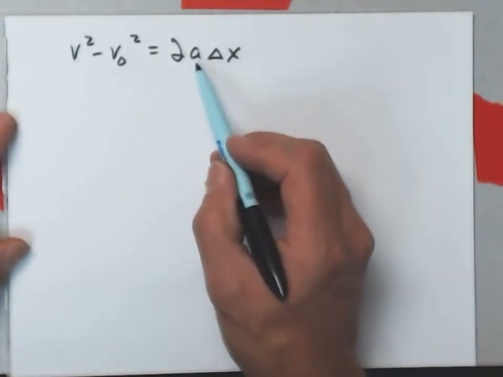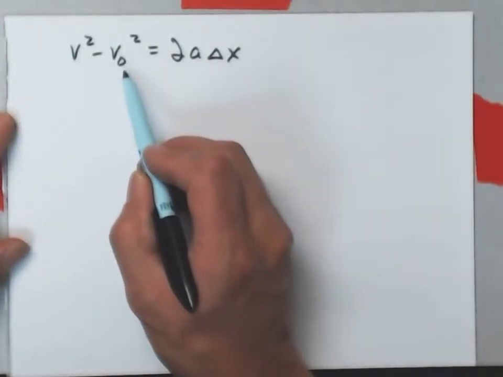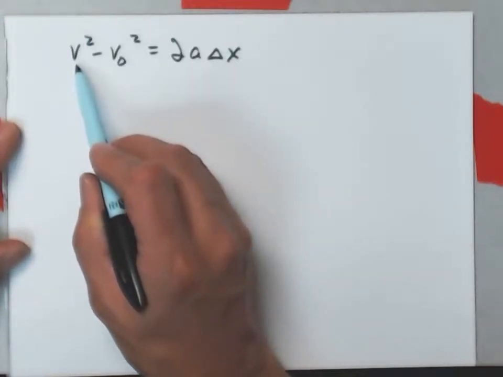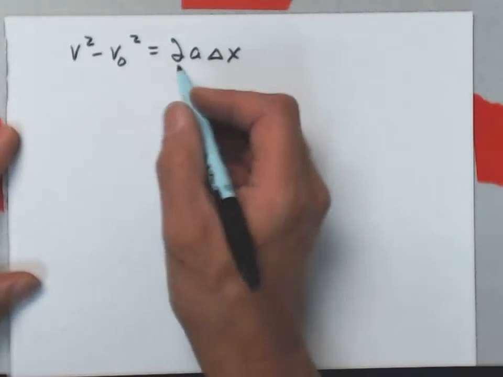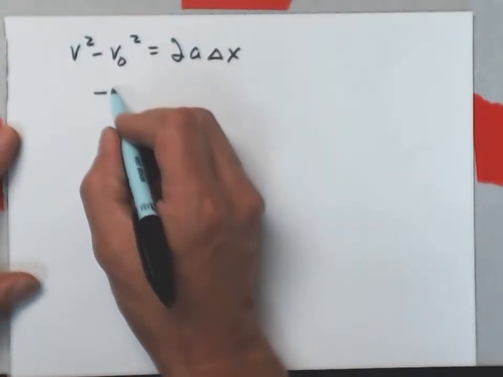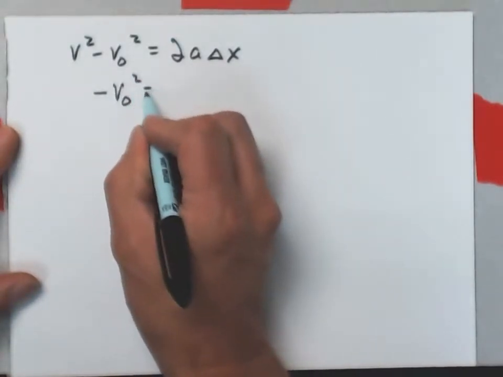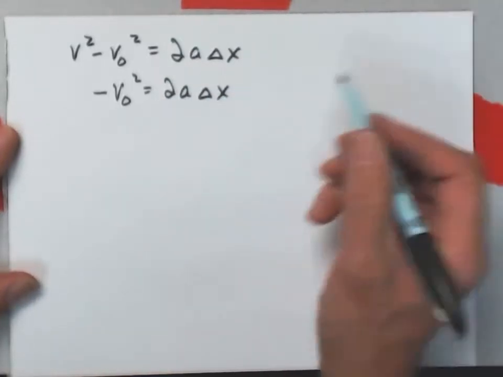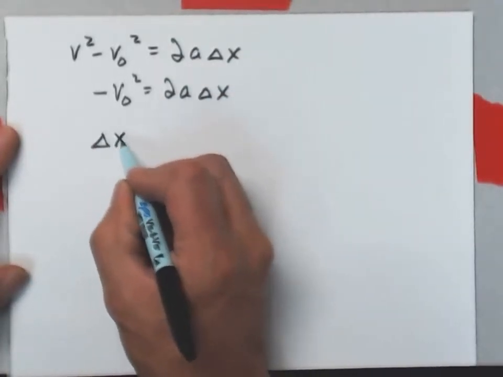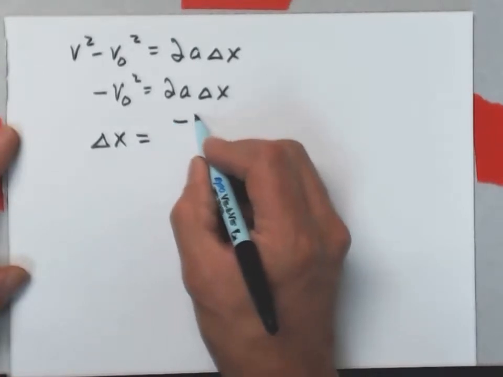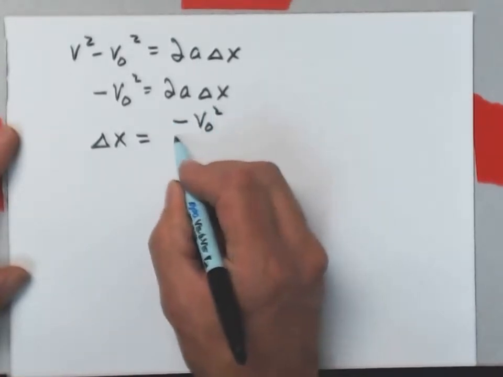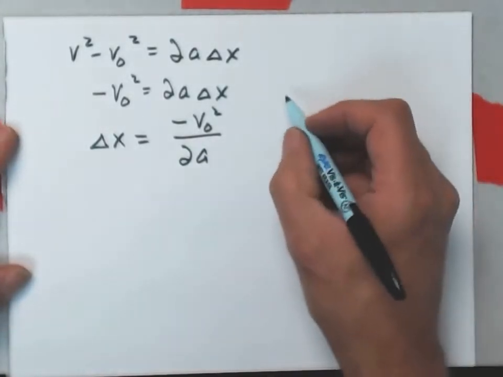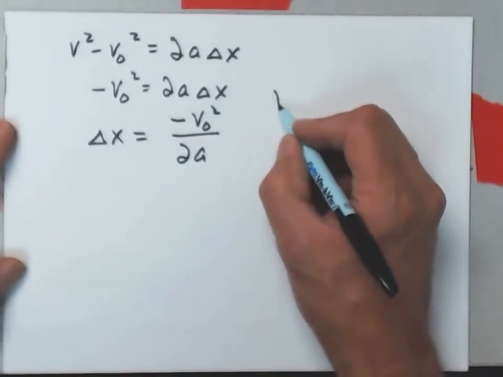I know the acceleration, I know v naught, and I know that when it comes to rest, v is going to be 0. So this equation changes into minus v naught squared equals 2a delta x, or delta x is equal to minus v naught squared over 2a.